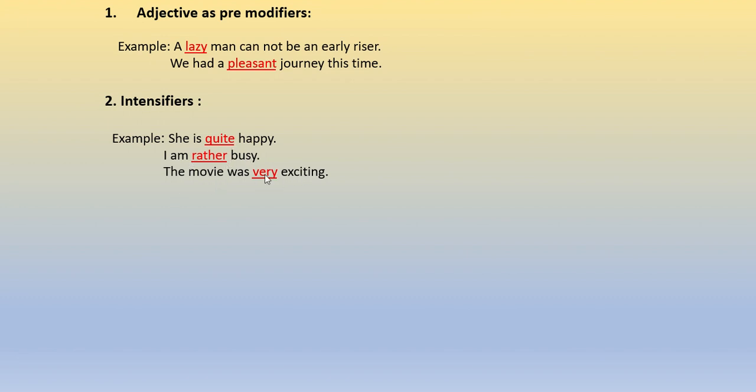The underlined words are not new to you. You know them. What are they? They are nothing but adverbs. So these adverbs intensify or emphasize the meaning of these adjectives more. So they are called intensifiers and they are termed as pre-modifiers.